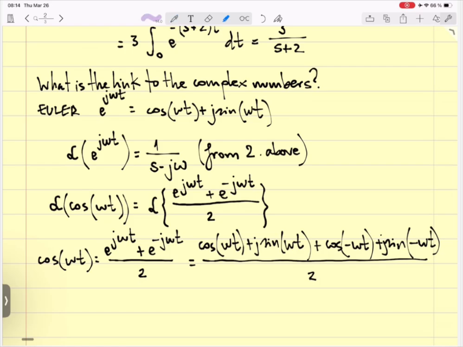The sine of omega t is minus the sine of minus omega t, so they cancel, and the cosine of omega t is the same as the cosine of minus omega t, so the 2 cancels again, and then it is checked.